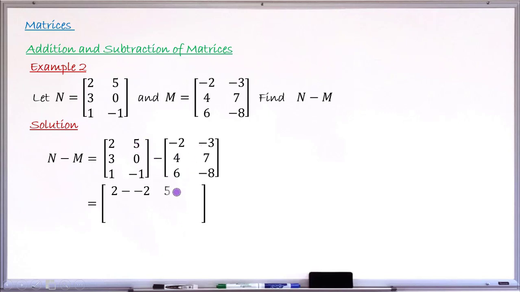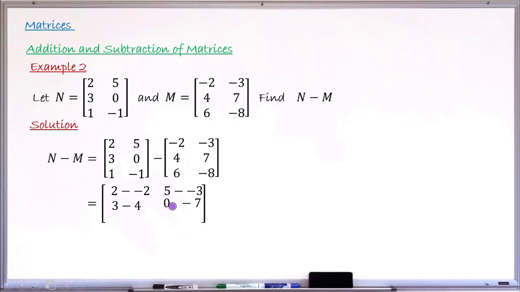These are the corresponding entries, 5 and minus 3, and I'm subtracting them. Second row will be 3 minus 4. Now second row, second column will be 0 minus 7, since 0 and 7 are in corresponding positions.